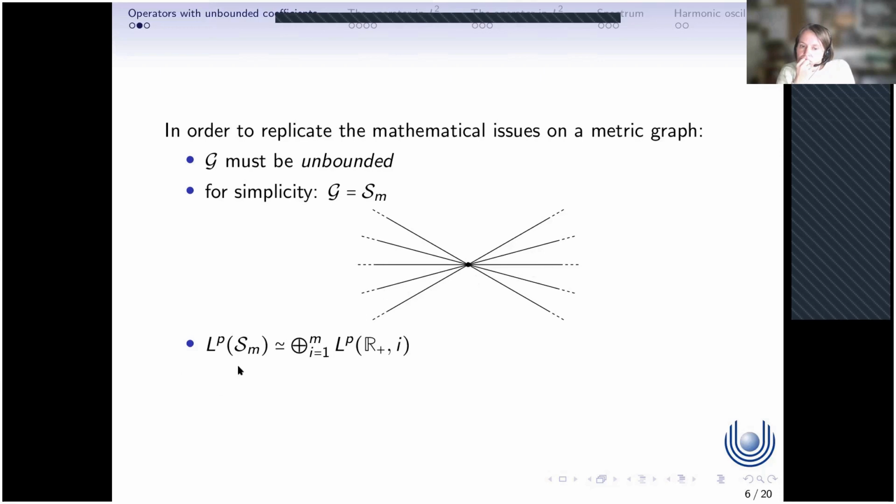In particular, we were considering classical function spaces. For instance, the L^p spaces on these metric stars are simply direct sums of L^p spaces on semi-infinite edges, all of them joined at zero, at the center of the star.